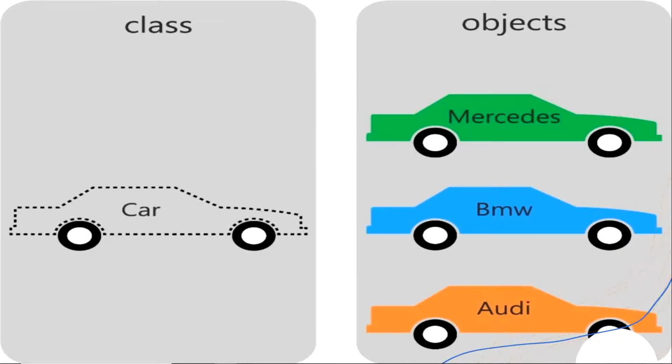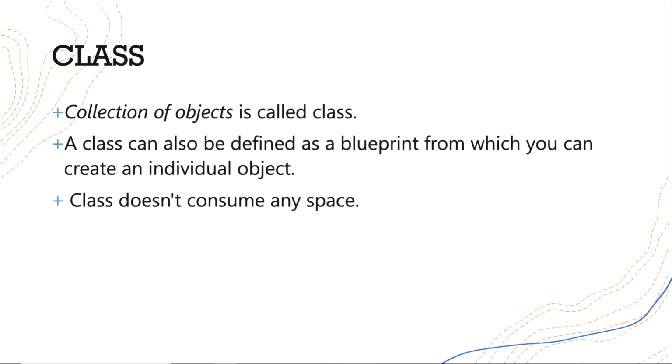Car here is a blueprint. From this class called car, you can create as many objects as possible, like Mercedes, BMW, Audi, Ford Mustang, etc. An object has a particular address and consumes some space, while the class doesn't consume any space.